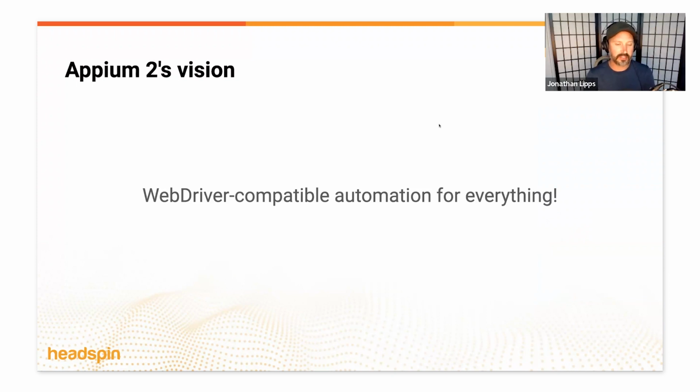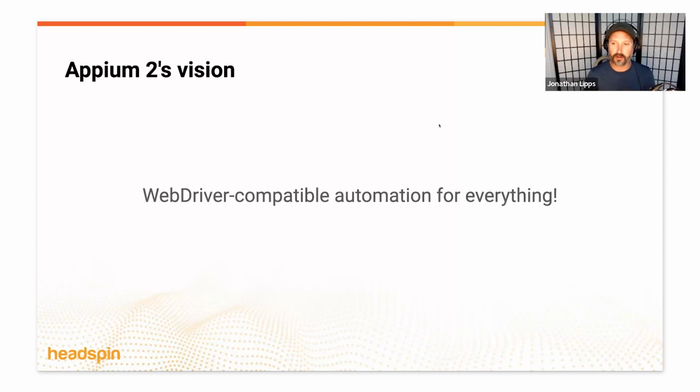WebDriver is and has been a great automation language API protocol for the web, and it expresses ways of automating user interfaces that can extend far beyond the web. And Appium proved that out with mobile in the first 10 years of its life, and we felt that there was room to expand that vision even further.